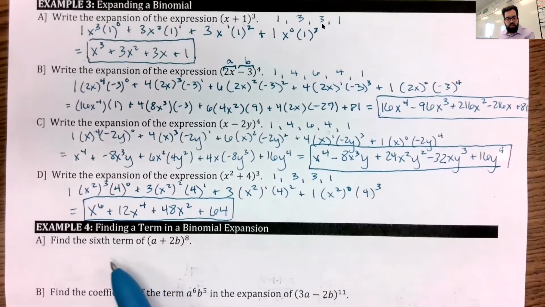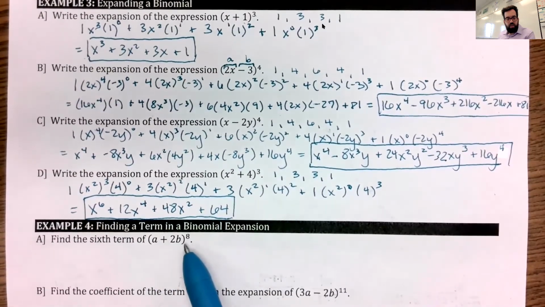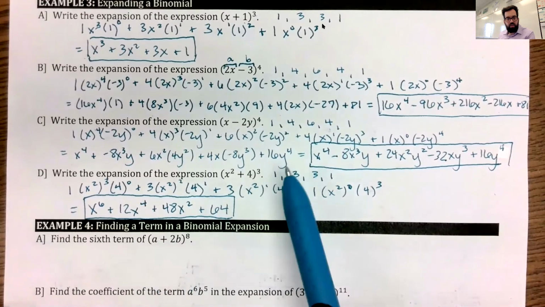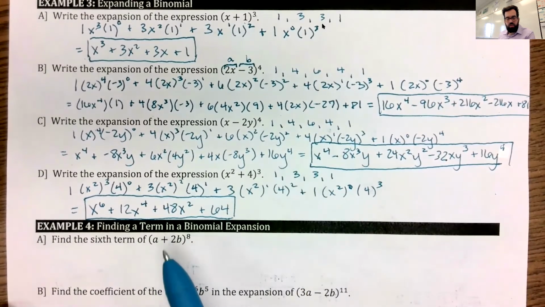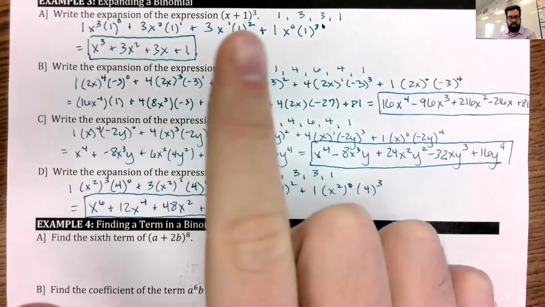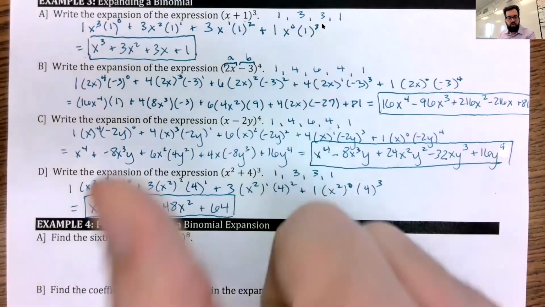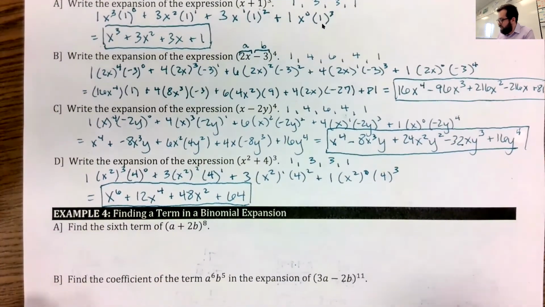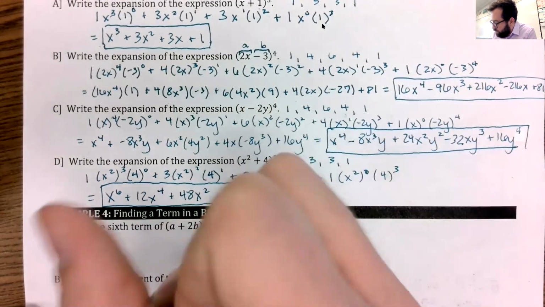So in the sixth term of this expansion, think about it, the a term is going to start with an 8 exponent. So it's going to go 8, 7, 6, 5, 4, 3. So it's going to be the a to the third term.